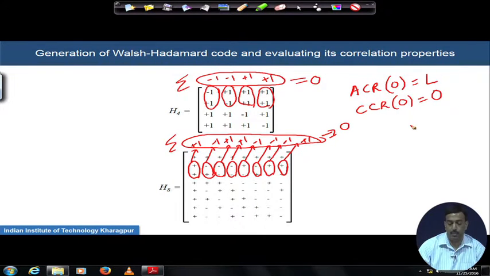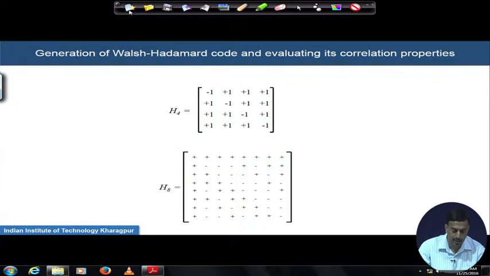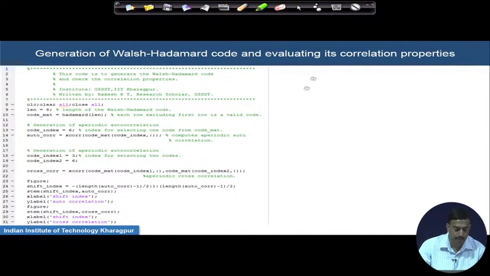So these are two properties that we see straight away, and the rest of the task now is to verify this and also find the autocorrelation and cross correlation for various values of lag, and then plot it. So let us have a look at it, but before that let us see the program that we use in order to plot these values.